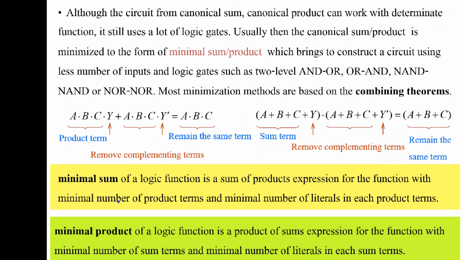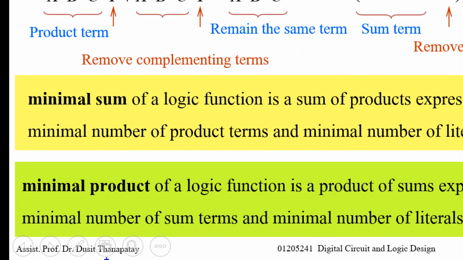Similarly, if you write in product of sums, and your product of sums has a minimal number of sum terms and a minimal number of variables in each sum term, it's called the minimal product.